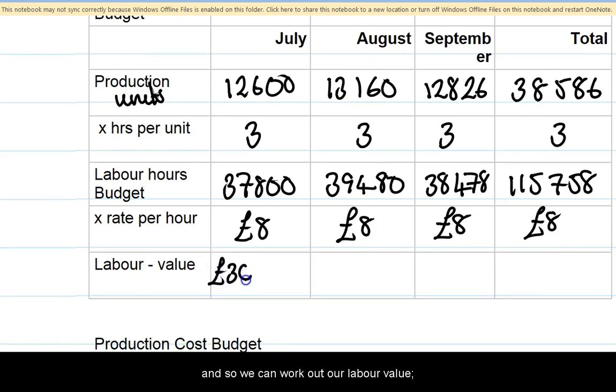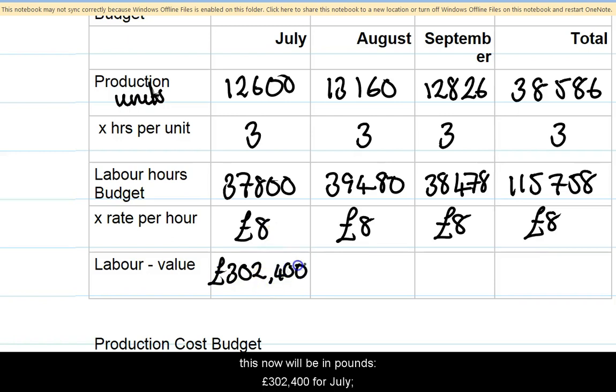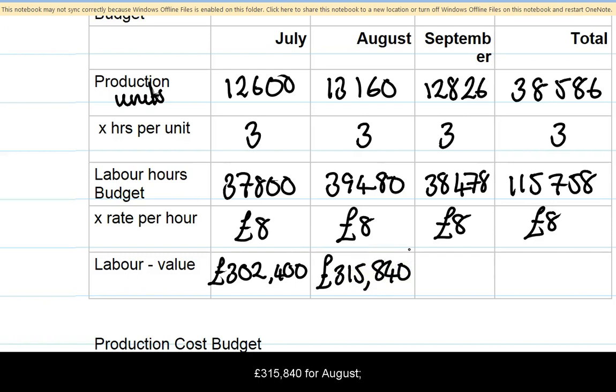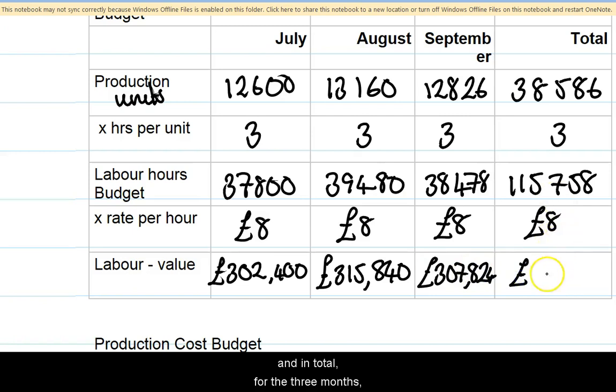This now will be in pounds: £302,400 for July, £315,840 for August, £307,824 for September, and in total for the 3 months our labour costs will be £926,064.